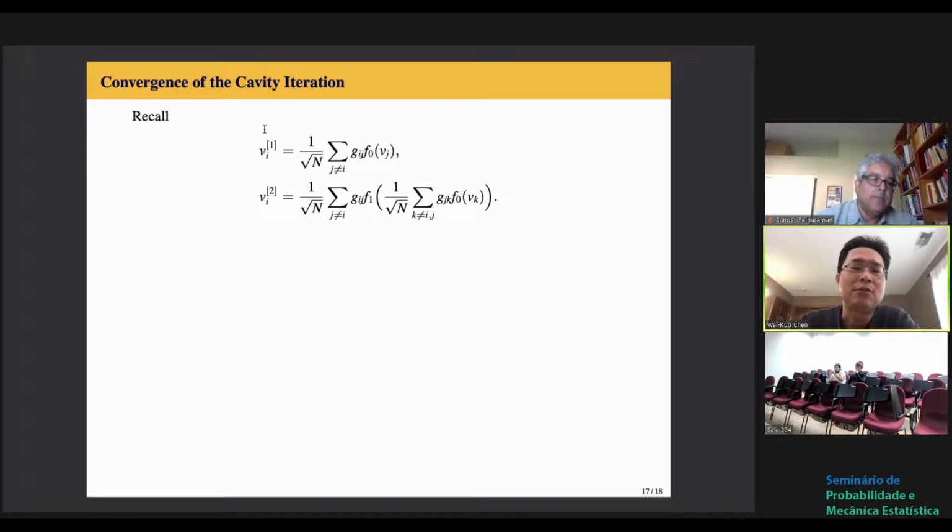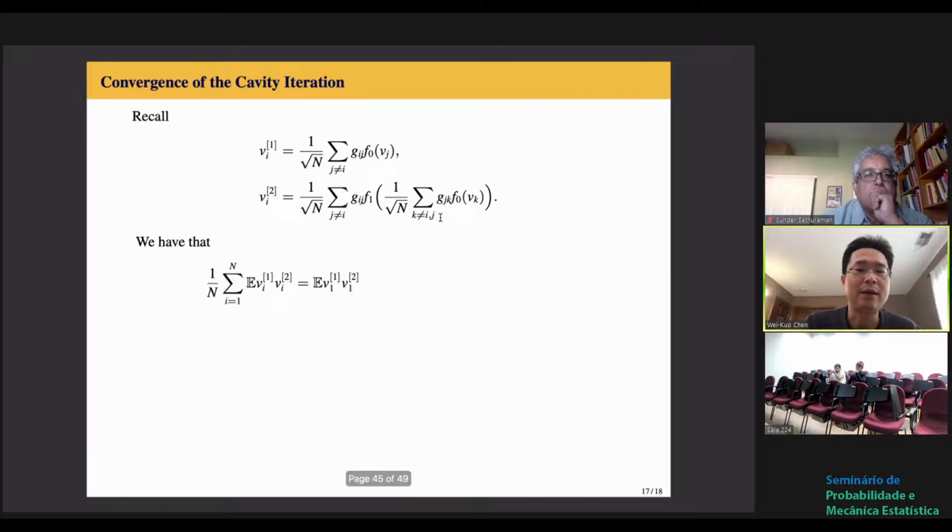So for instance, V1 is just the linear product here, and then you kick out the i. And then V2 is that again, when you get in there, you kick out one more. So you kick out j as well. This is really a copy paste of the definition.